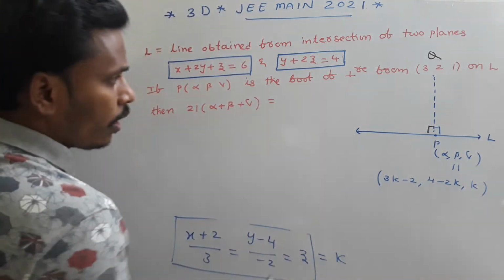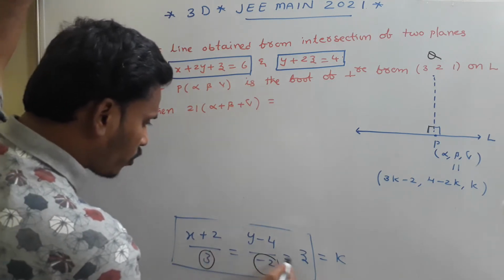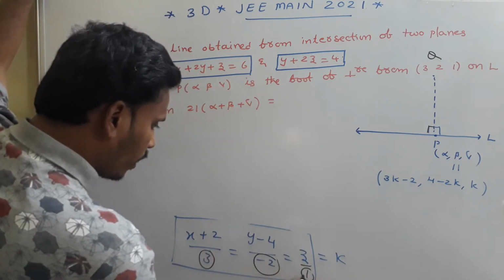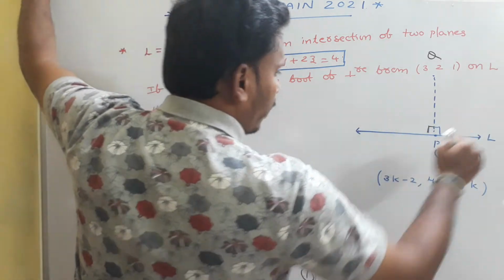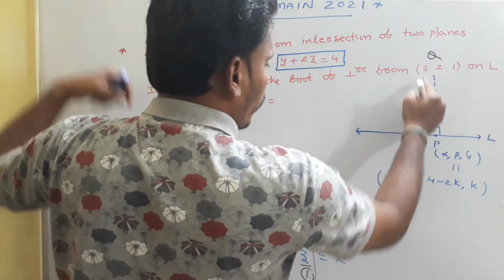So what are the DRs of the line? These denominators: 3, minus 2 and 1. These are the DRs of this line. And what are the DRs of PQ? Subtract cheyali kada, x2 minus x1.